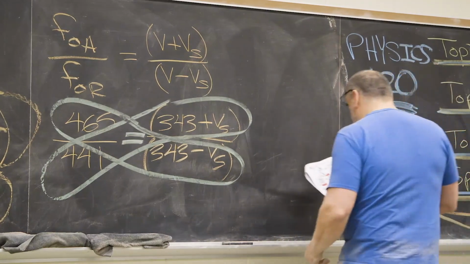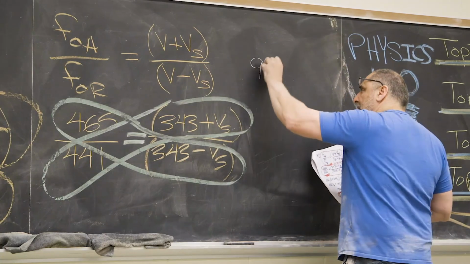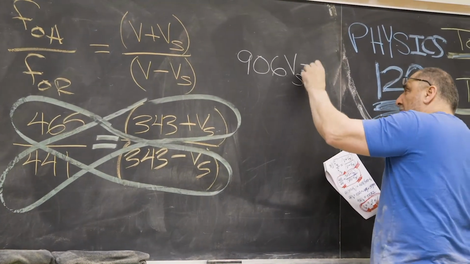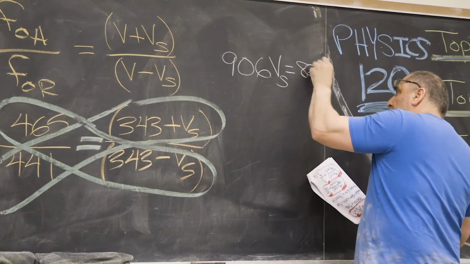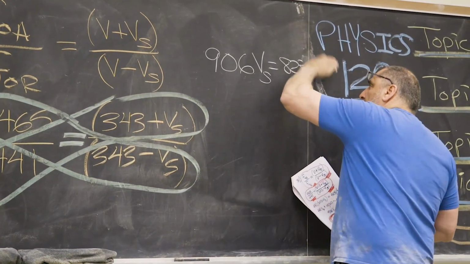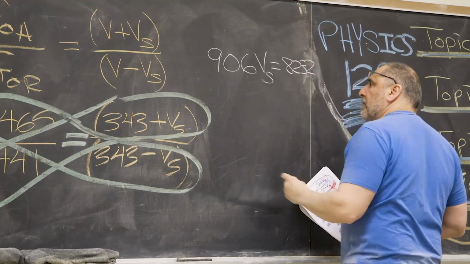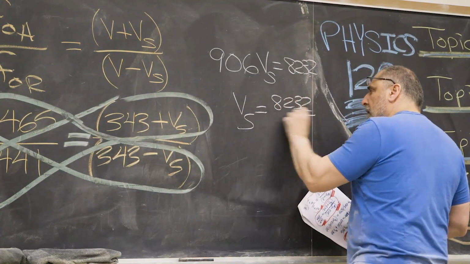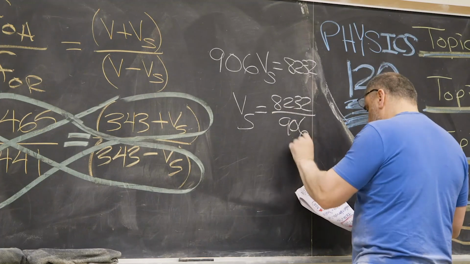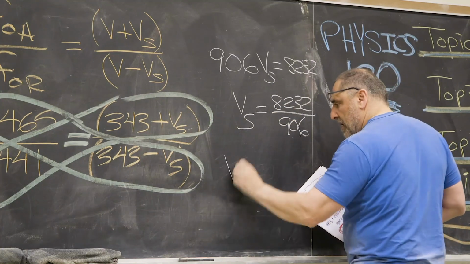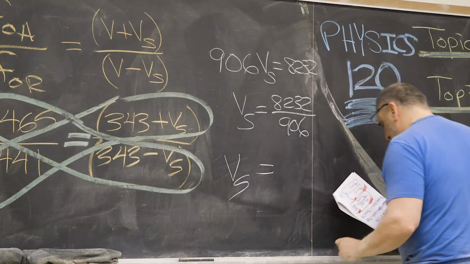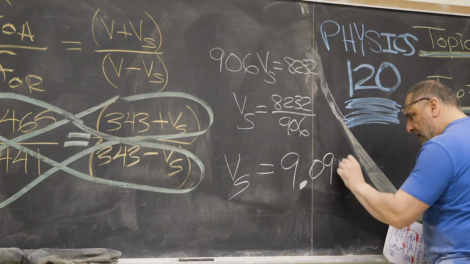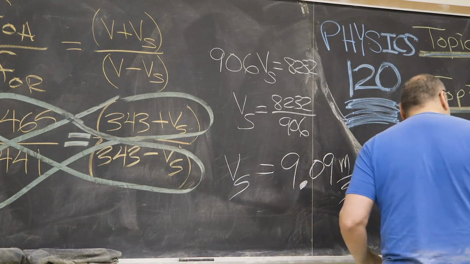When you do that, and I got it in the notes, it's going to come out to something like this. 906 Vs equals 8232. Vs equals 9.09 meters per second.